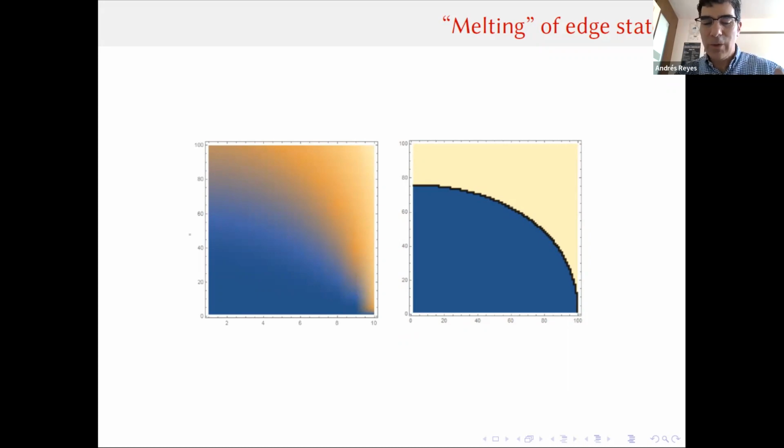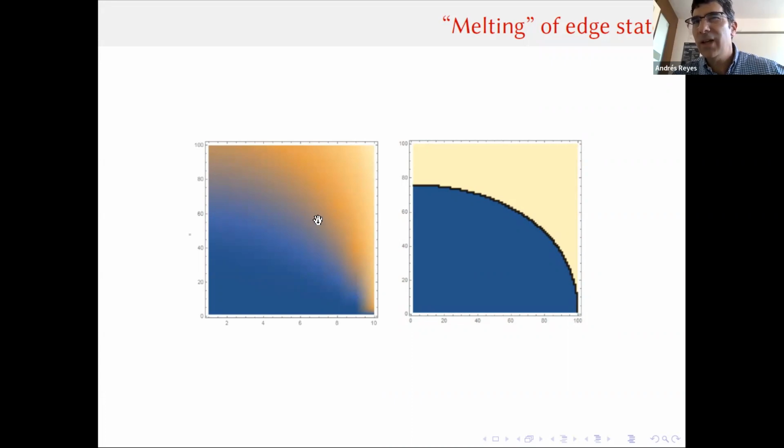Now, remember that when I plotted the edge states for different temperatures, we saw that there is no abrupt change in the behavior. At some point you say there cannot be edge effects anymore, so it is kind of blurred, as you see here.